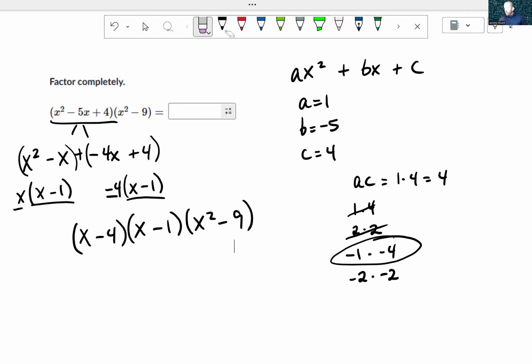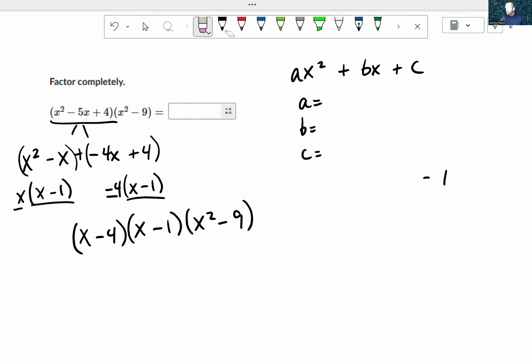Okay, we're going to do the AC method again with the x squared minus 9. Here a is 1, b is 0, and c is -9. So a times c for this part, x squared minus 9, is 1 times -9 or -9.